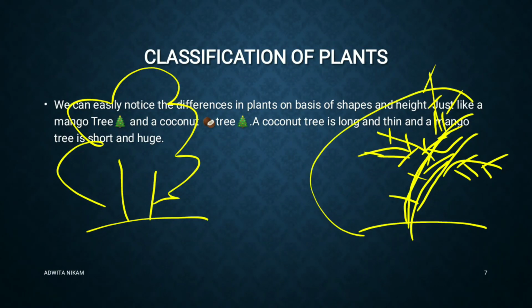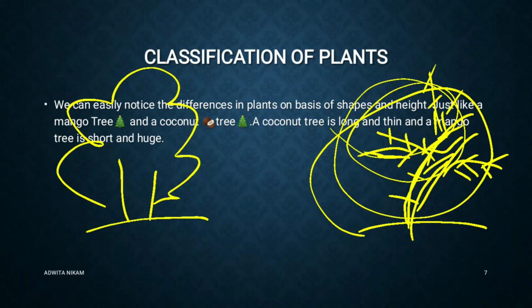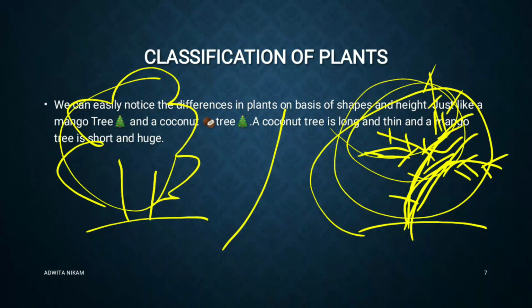It's very tall in height, and this is a huge one in width, and the coconut tree is a thinner one. When you see the coconut tree, its stem is like this, so it's thinner.